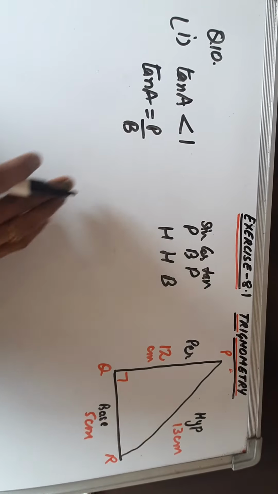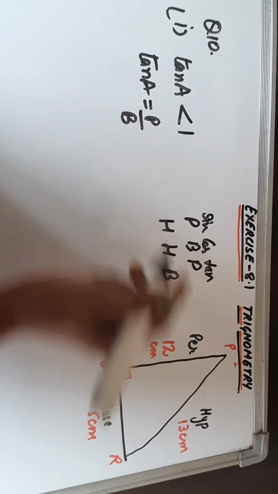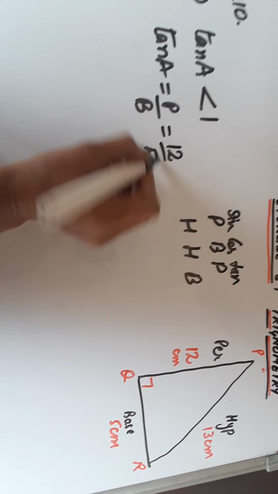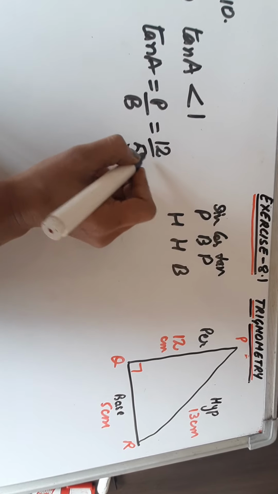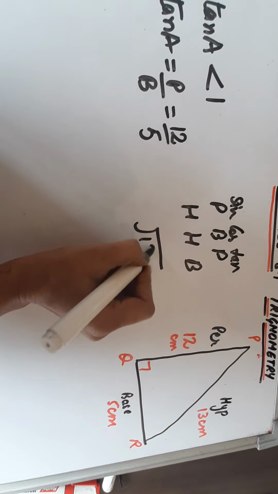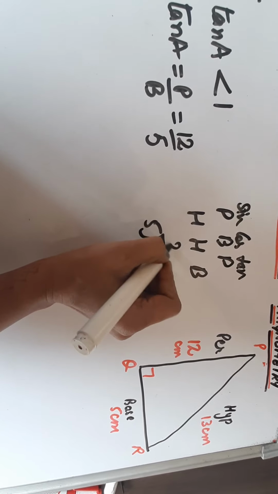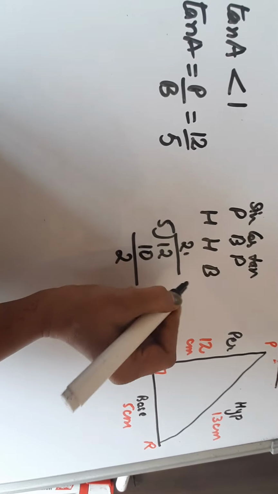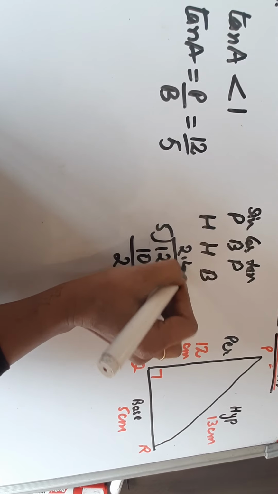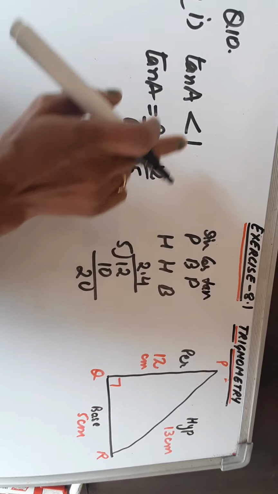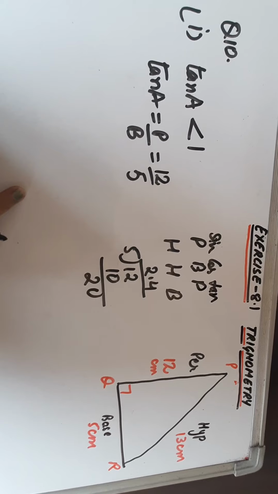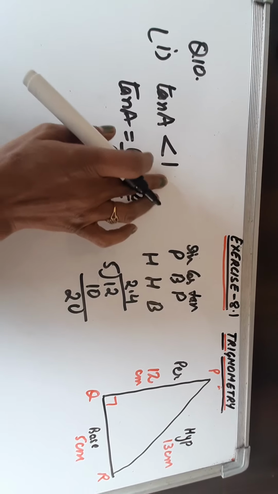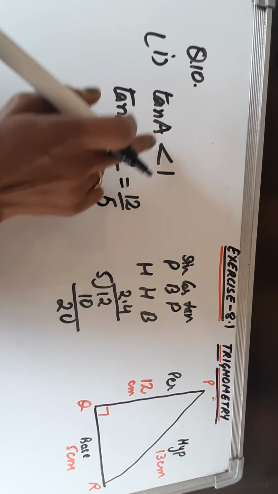With this rule, if I put the value of P, that is 12, and B as 5, and if I divide these two, you will see 12 divided by 5 is 2.4 approximately, means it is greater than 1. 2 is greater than 1, and what they are saying is that it is always less than 1.